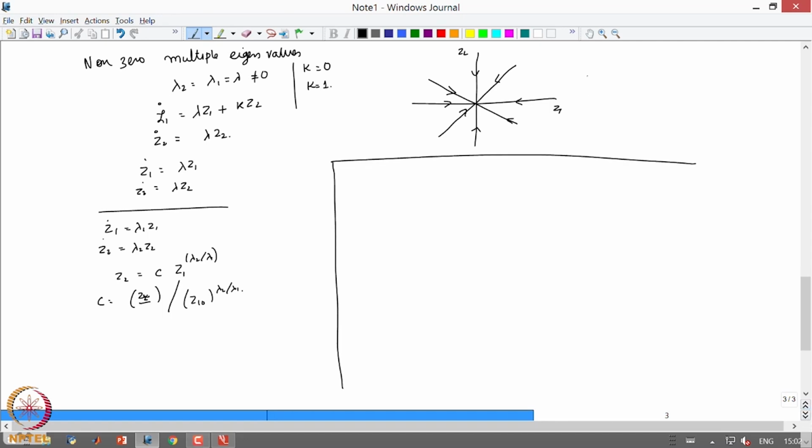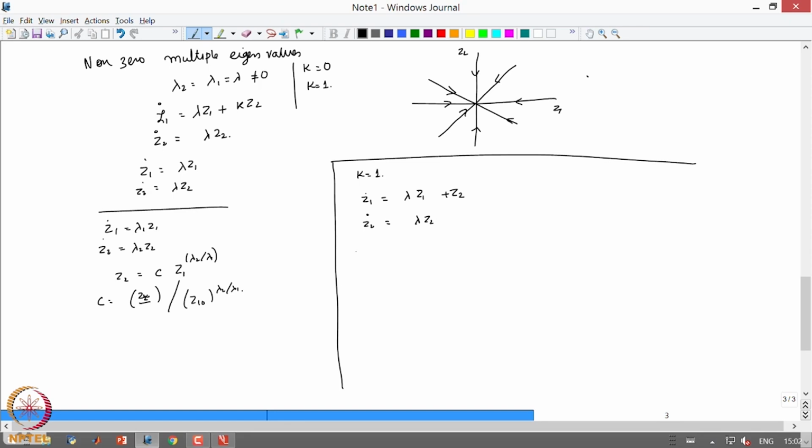What is also interesting is the case when k equals 1. This should be easy to plot and you can check by yourself. When k is equal to 1, then z1 dot is lambda times z1 plus z2, and z2 dot is lambda times z2.